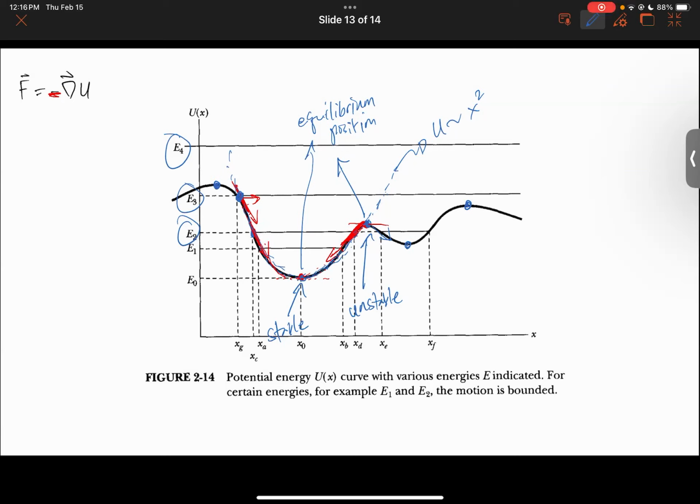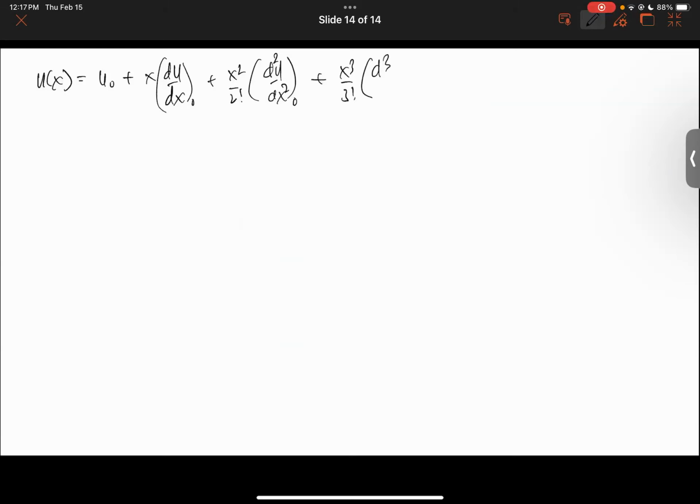What we do is we have an expression for U and we expand that using Taylor series, so that it becomes like this. Plus x squared over 2 factorial d squared U dx squared at zero, plus x cubed over 3 factorial, the third derivative of U at zero, and so on and so forth.